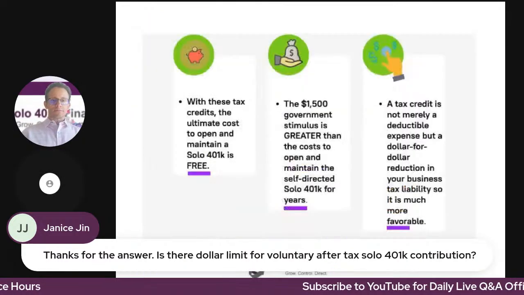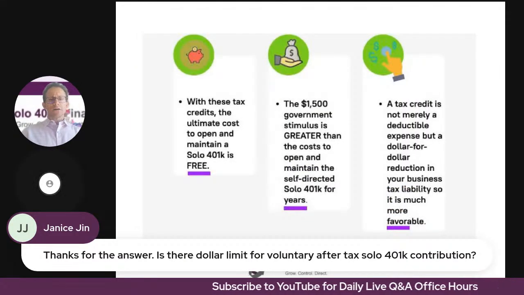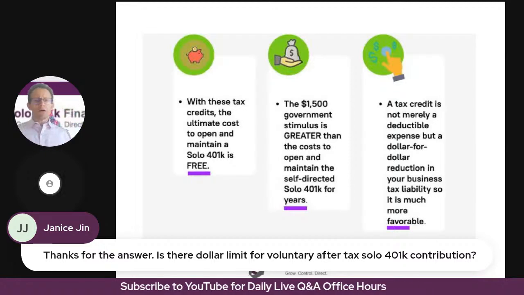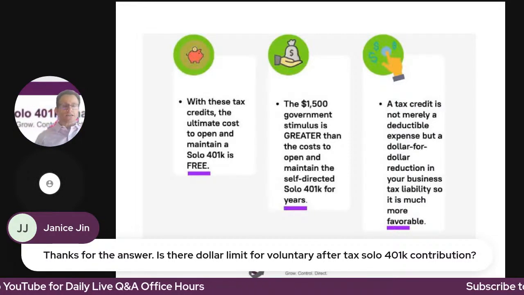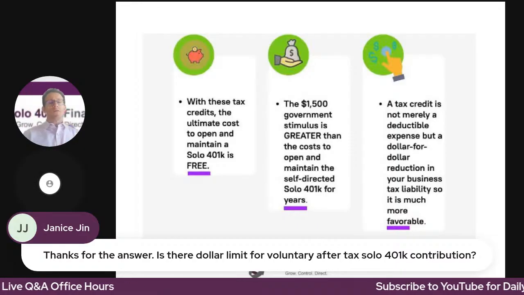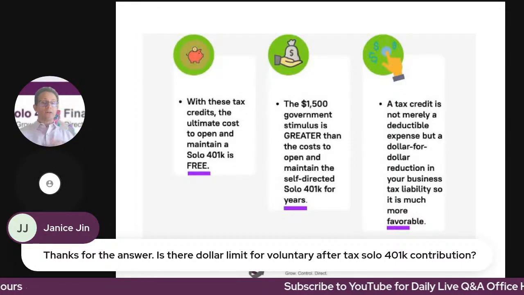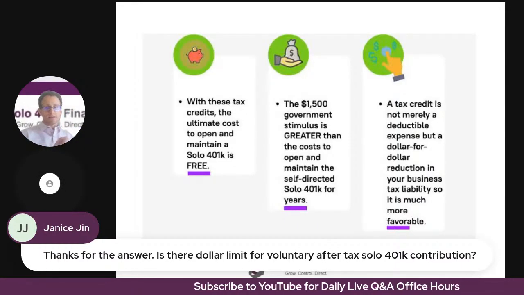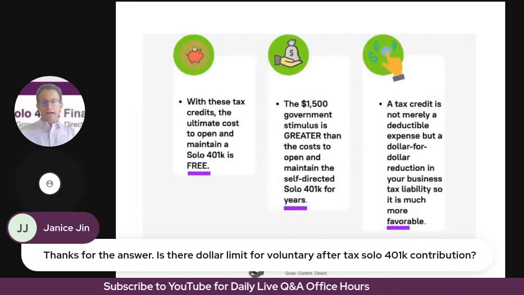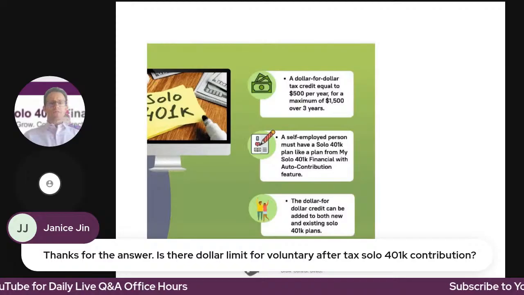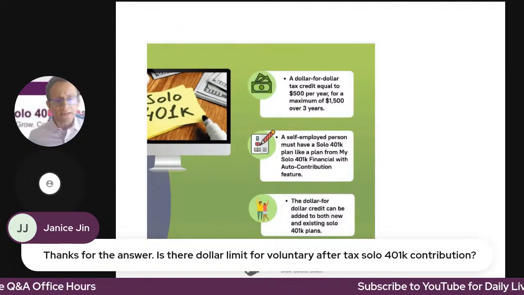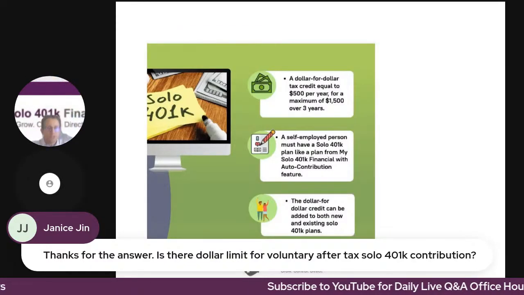Great question. Okay, so when you open a solo 401k with My Solo 401k Financial, and if you're a Fidelity institutional advisor, we're going to draft that solo 401k plan so that it has the auto contribution credit built into it. So it's a $1,500 auto contribution credit. It's a dollar for dollar credit. And the plan has to have the auto contribution feature available.